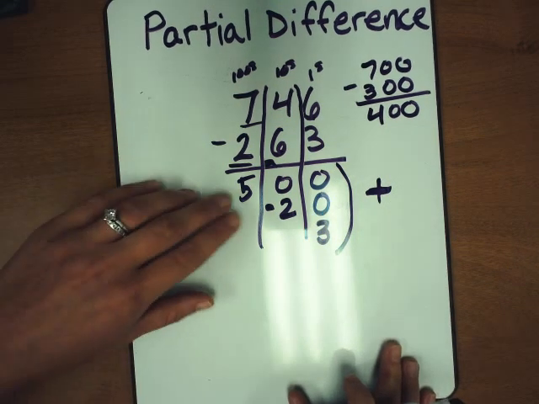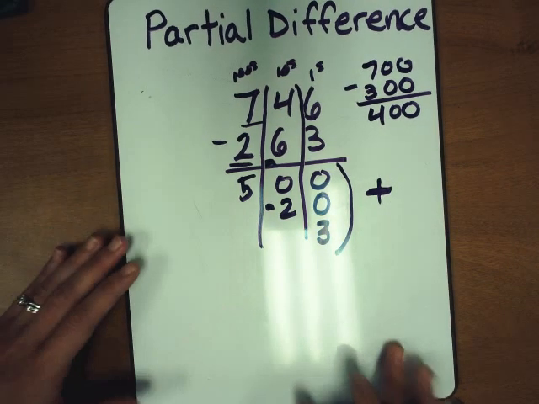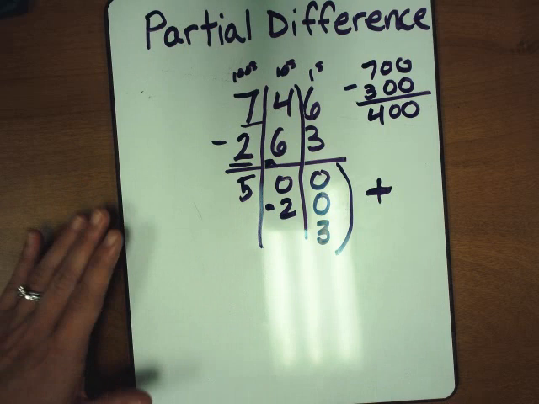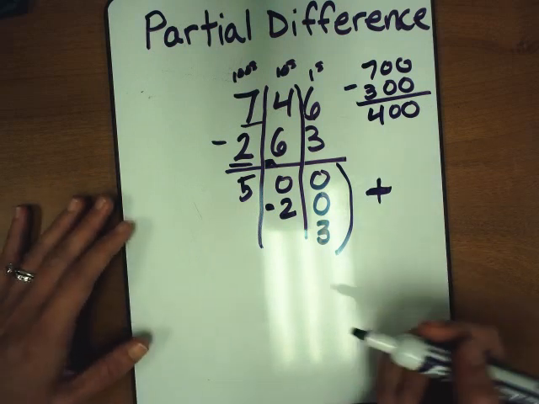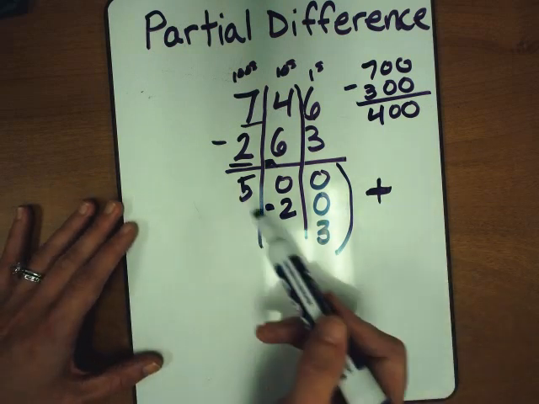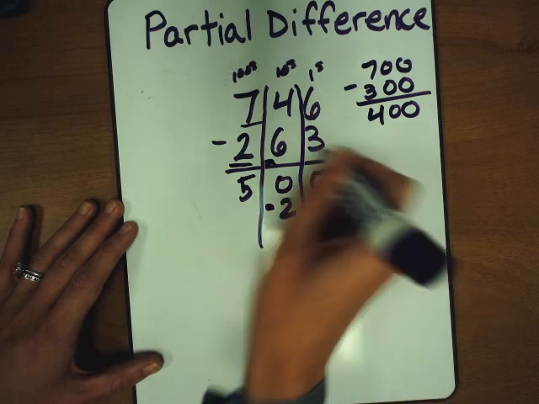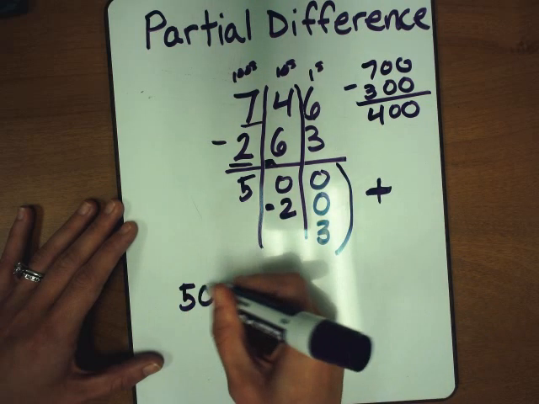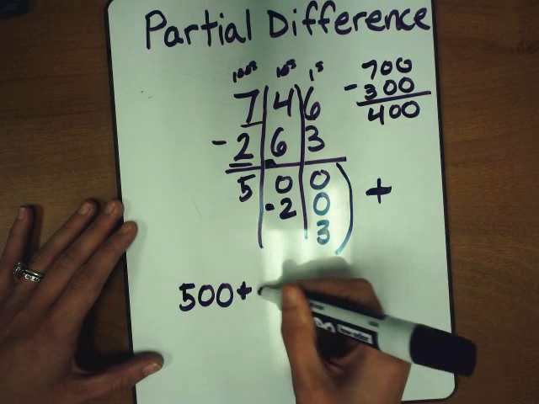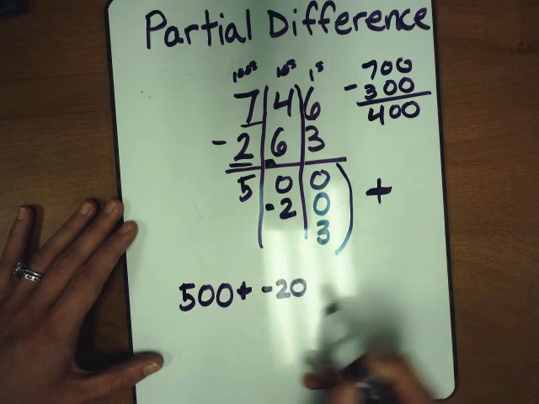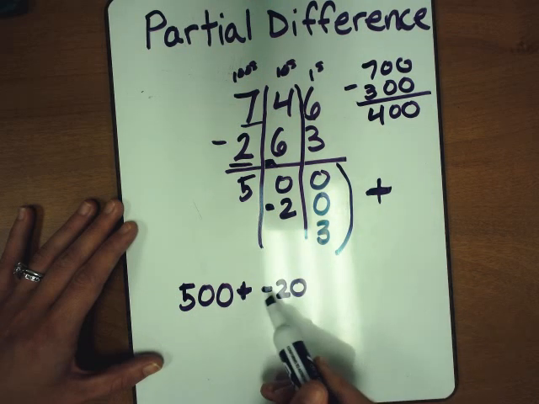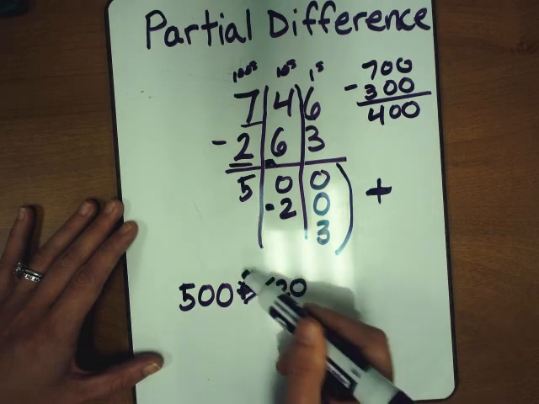So just like partial sums, I'm going to add up all of these partial differences. I'm going to put these in parentheses as I go along, keeping myself organized, knowing that I need to do what's in parentheses first. So I have 500 plus a negative 20 plus 3. When I have a plus a negative, really, that's just subtracting.